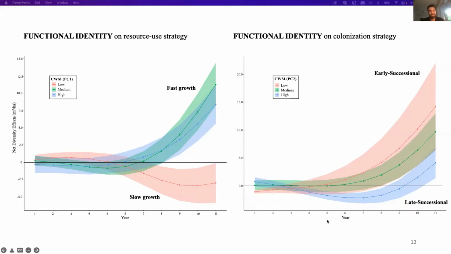These results suggest that the complementarity effects we measured might also be driven by species with a specific set of functional traits that are able to take advantage of these diverse conditions when growing in mixtures, leading to overyielding at the community level. In particular, the effective light acquisition of these species probably allows them to grow faster in mixtures and dominate the canopy space, thus leading to overyielding at the community level, as I said.